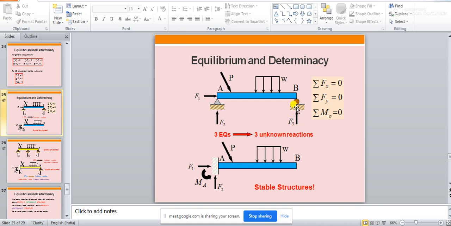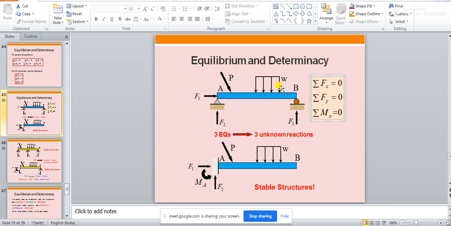So you observe that for a simply supported beam, the number of unknown reaction components, that is F1, F2 and F3, are 3, and you should be able to solve these using the 3 conditions of equilibrium: summation of all forces in the x direction equal to 0, summation of all forces in the y direction equal to 0, and summation of all moments about the z axis, that is the axis perpendicular to x and y, equal to 0.